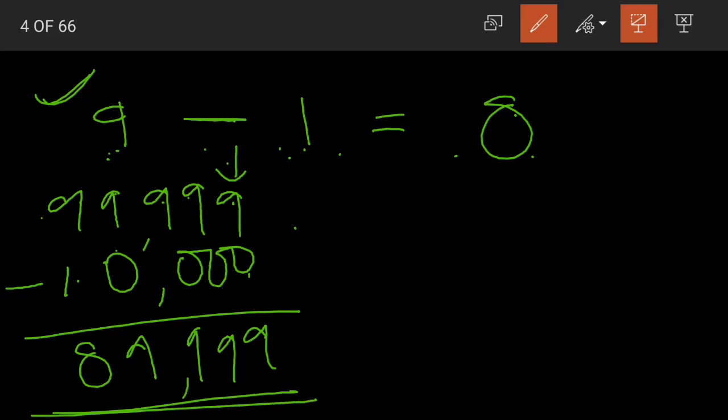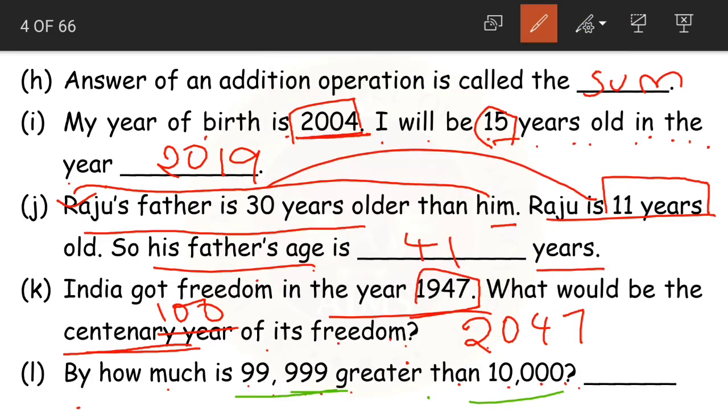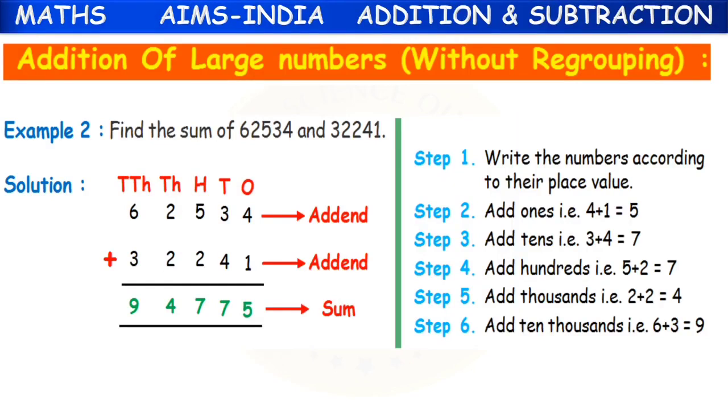So 89,999 is our answer. Clear children? So 99,999 is 89,999 more than our number 10,000 here. So our answer will be 89,999. I hope these were clear.